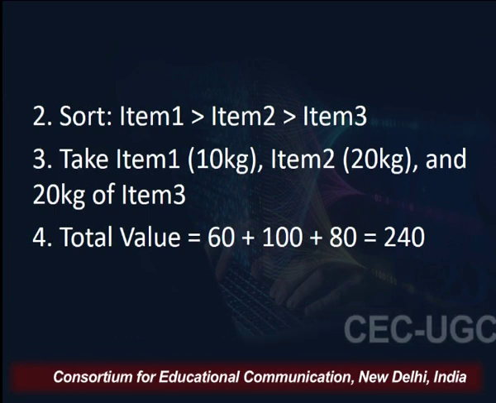So, what we have in our bag is the first item in full, the second item in full, but the third item only 2 by 3, which is 20 kgs. The total weight we are going to utilize is 10 from the first item, 20 from the second item and 20 from the third item as well.